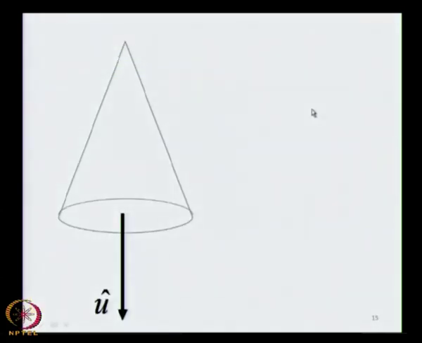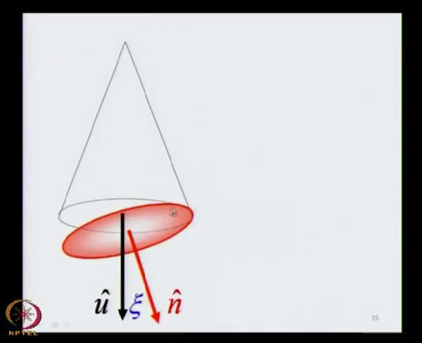So, now to look at this particular geometry closely, we look at this cone, and if we have a shape which is not going exactly along the rim of the cone, but it makes a certain angle xi. So, these are the two angles, these are the two unit vectors that we considered in the previous slide.